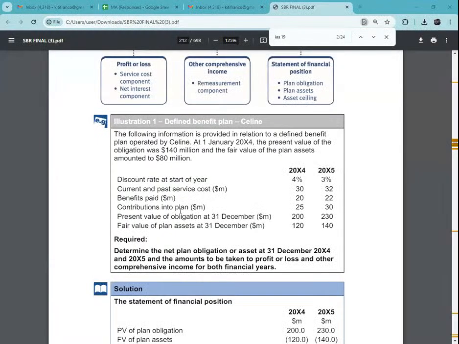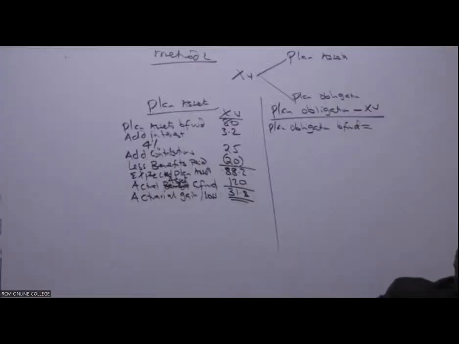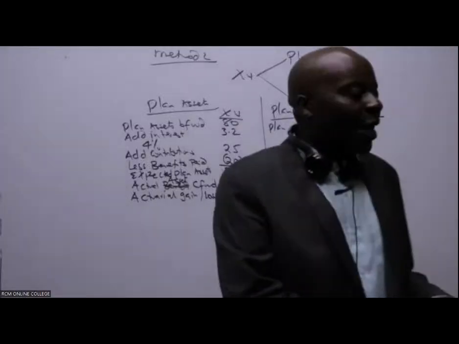Plan obligation brought forward, we have here the present value. The present value of the obligation that was brought forward here was 140.